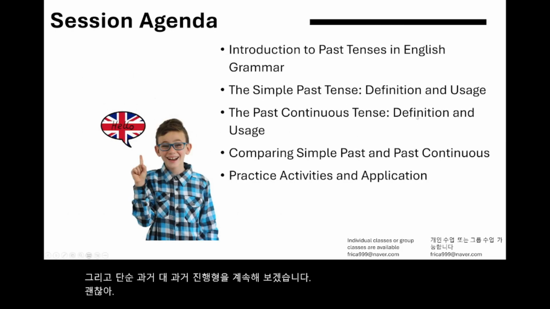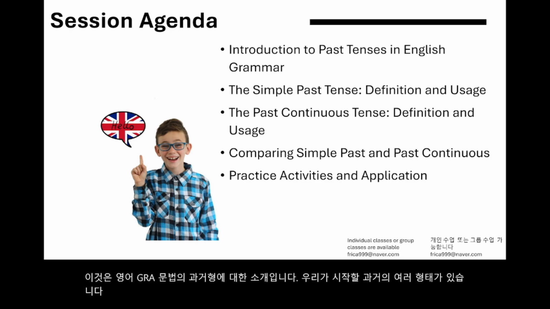Let's continue with the simple past versus the past continuous. This is an introduction to the past tenses in English grammar. There are many forms of the past. We're going to start with the basic simple past and past continuous.